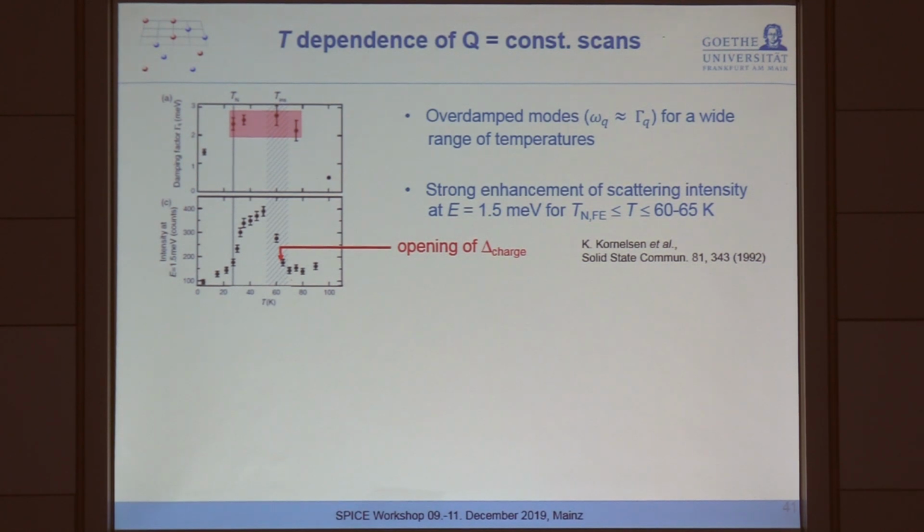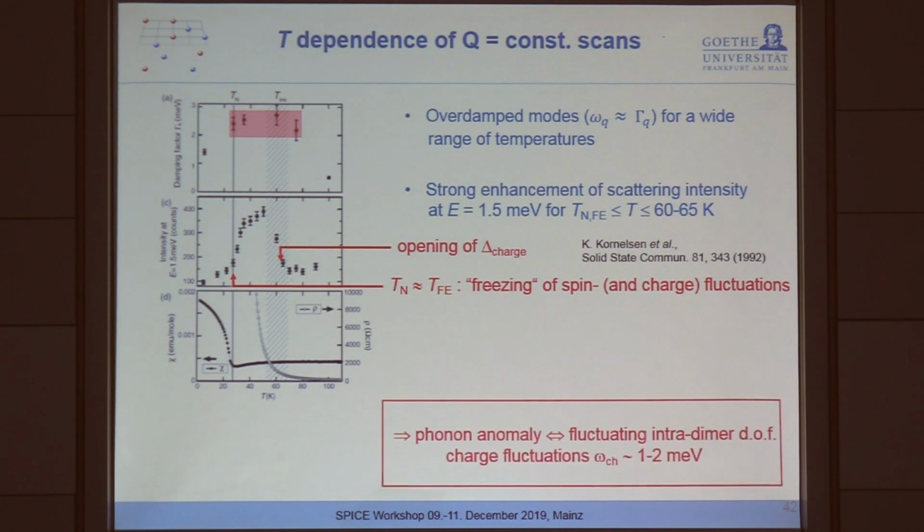And at 25 Kelvin, this is the temperature where we have the antiferromagnetic ordering and where we also see our dielectric anomaly. So this result, in particular these clear signatures as a function of temperature, indicates that these anomalies, the phonon anomalies, are due to fluctuating intra-dimer degrees of freedom.